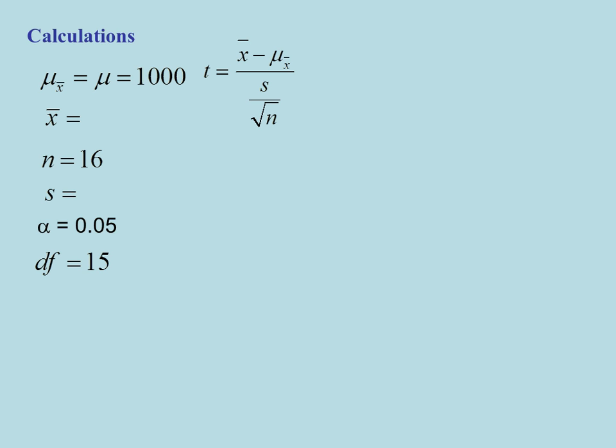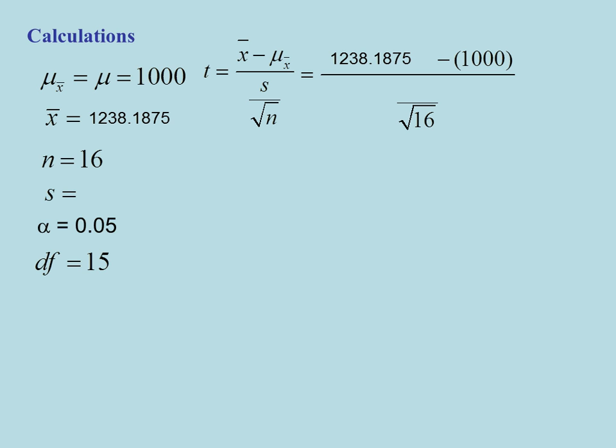So here's our formula for our t-test. We do know 1000 is our mean. We do know that n is 16. We should have gotten a little more than 1200 for x bar, and a little more than 94 for s, our standard deviation.